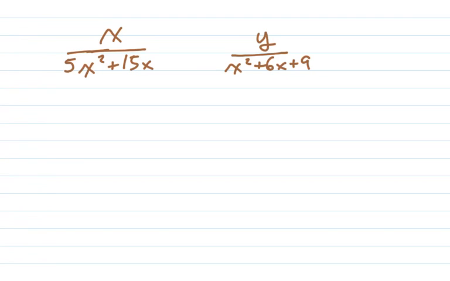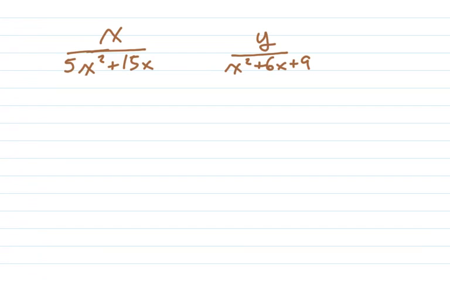Now, sure, a common denominator would just be if I multiplied 5x squared plus 15x times x squared plus 6x plus 9. But that is extremely ugly, it's going to be a quartic equation. And you don't really know how to use those too well. Nobody does. So we don't want to do that. We want to simplify our lives a little bit.